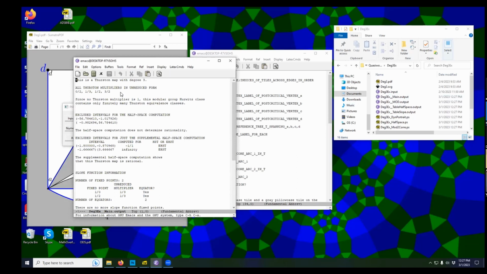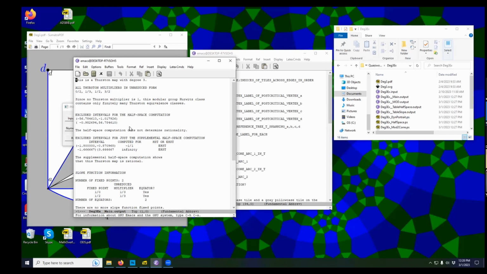But already here, we have a list of all the Thurston multipliers which occur for this map. So these 4 multipliers are all of the multipliers that occur for this map. What follows next is some information about the number of Thurston equivalence classes in this Hurwitz class.